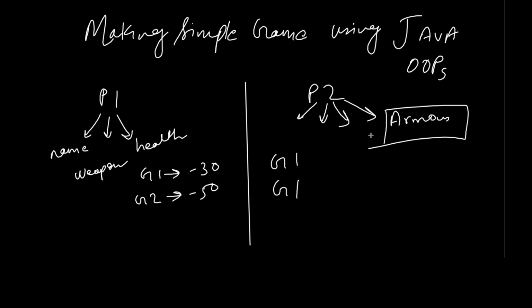It is the same with the second player, but if armor is on, that is armor is true, then G1 will damage by -20 and G2 will damage around -40. And if health reaches 0, then the player is dead, in both cases. That's how a game works, right?